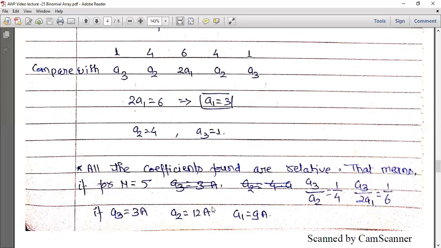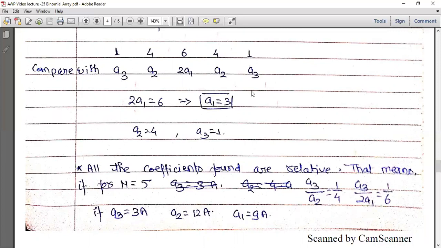Similarly, in this particular case, we have given that A3 should have coefficient 1, A2 should have coefficient 4, and A1 should be equal to 3, or the antenna at the center should have excitation magnitude 6. What does that mean? This means that the excitation provided to the antennas with magnitude A2 should be 4 times the excitation provided to these A3s.